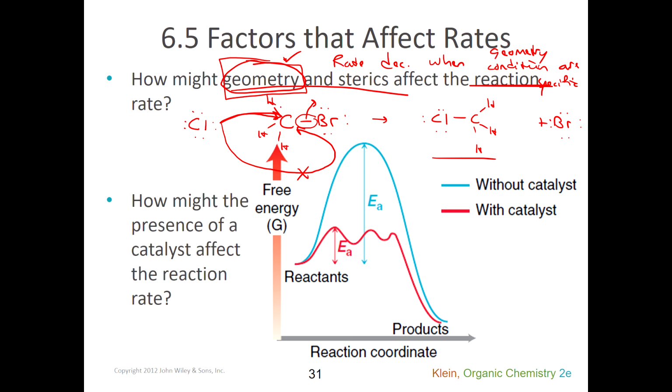In terms of sterics, if I made these CH3 groups, now not only does the chlorine have to bump into the carbon in the right direction, but now I've got these much bigger electron clouds blocking it out. So the rate at which that can happen will be almost never.